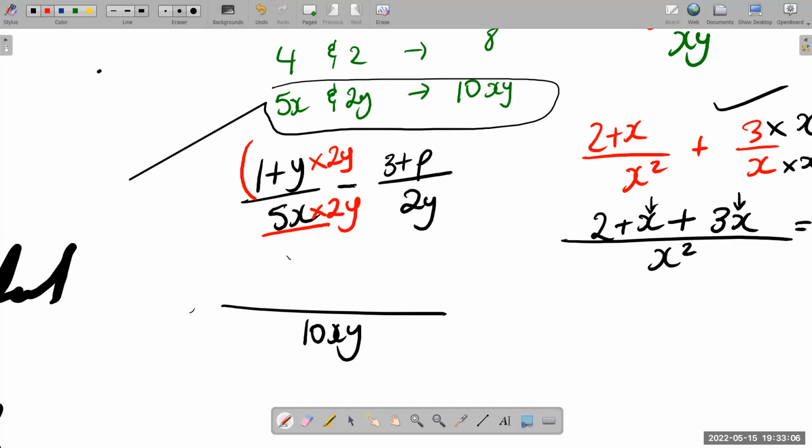Because there are 2 things you're multiplying by, you realize why we need the brackets. Since the brackets already mean multiply, I don't need to write times again. So I would just write here 2y, open bracket, 1 plus y.